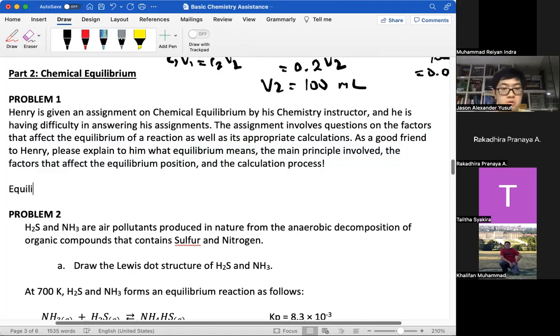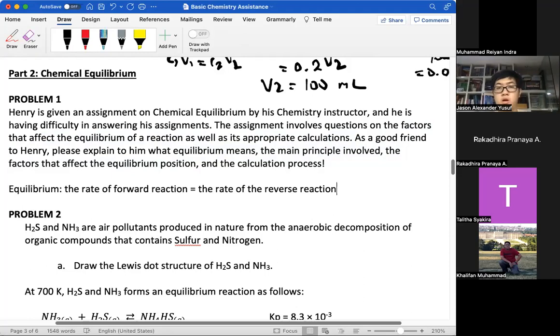So equilibrium is when the rate of the forward reaction, how fast a reaction goes, is equal to the rate of the reverse reaction.